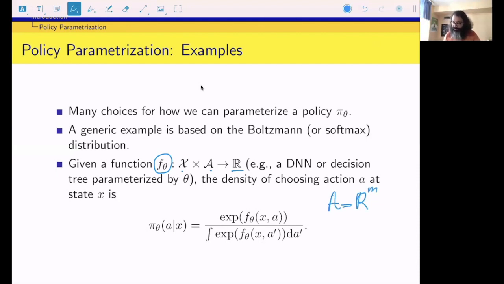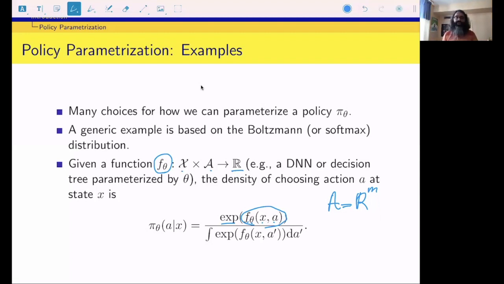So the way that we define it is we take f of theta, evaluate it at x and a, and take the exponential of it. So we have exponential of f of theta of x and a. This would be a positive number.